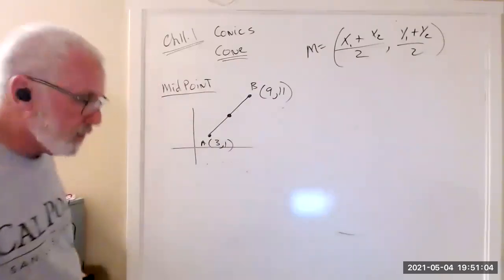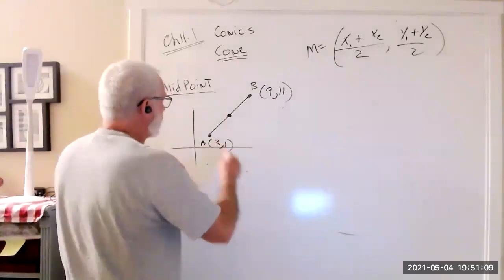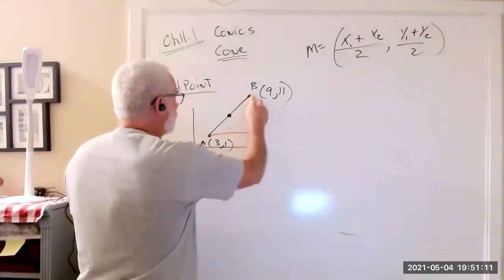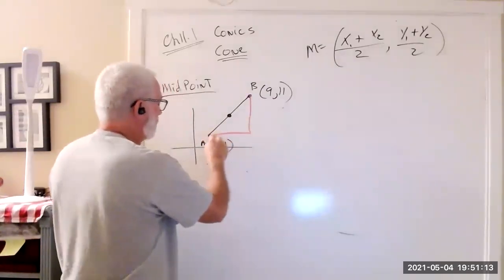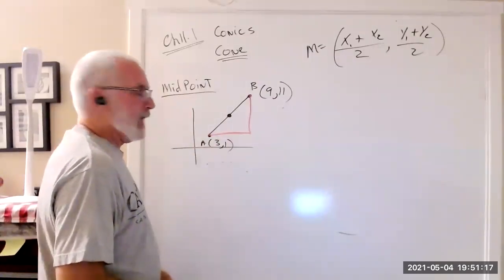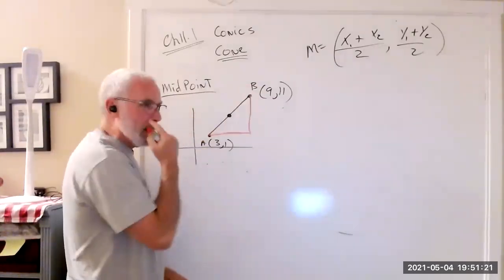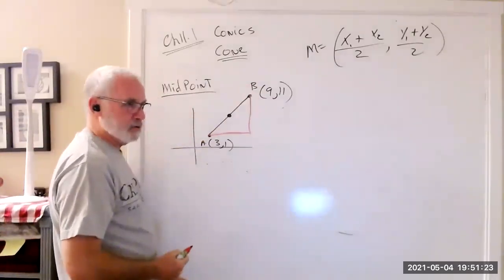So here's the one way. If I want to go from A to B, why don't I make a right triangle? And instead of thinking of this as a line segment, why don't I think of this as the hypotenuse?